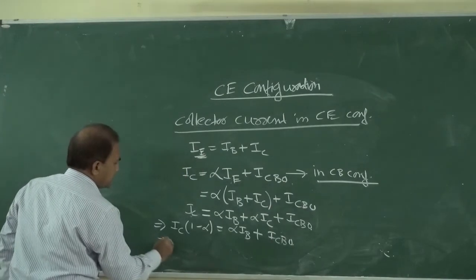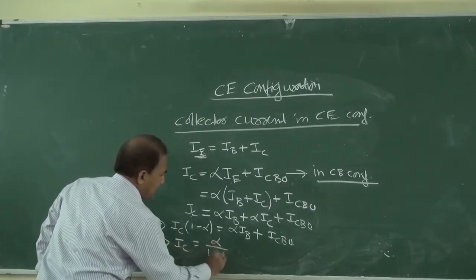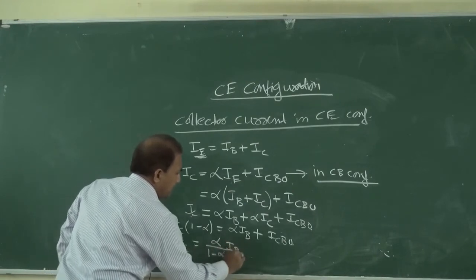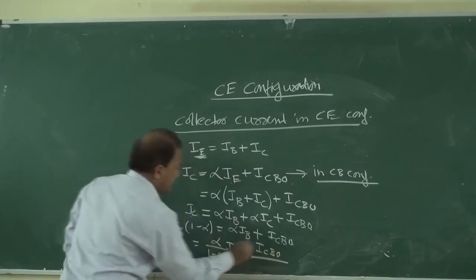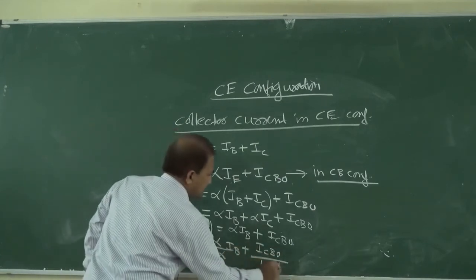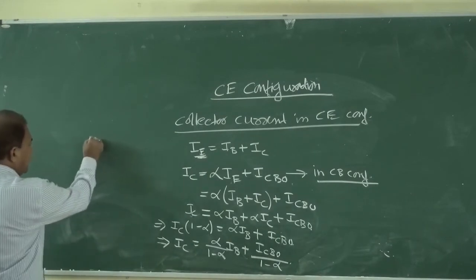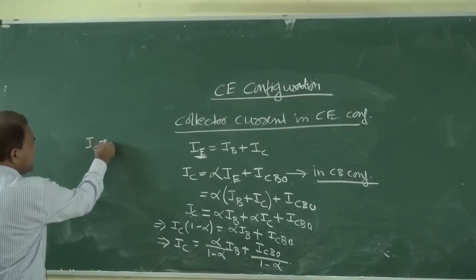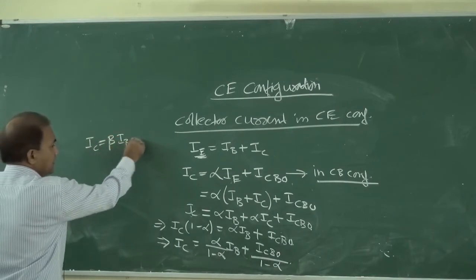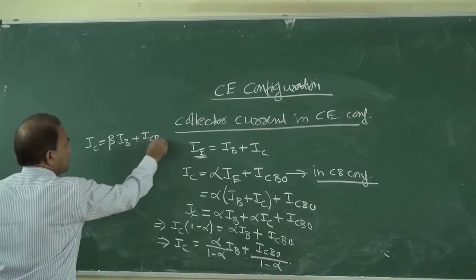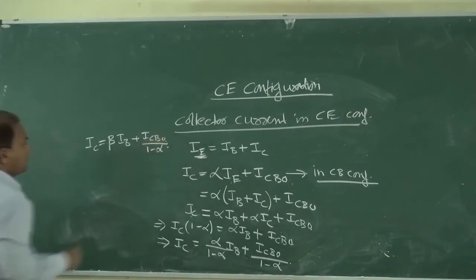From this, IC is equal to alpha divided by 1 minus alpha into IB, plus ICBO divided by 1 minus alpha. Then IC is equal to beta times IB plus ICBO divided by 1 minus alpha.